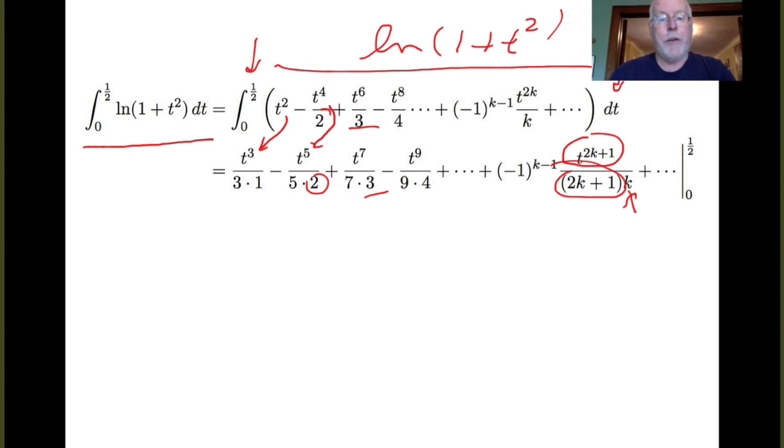Now, a couple things to notice. Notice that I've left this denominator here as 5 times 2, and this one as 7 times 3, 9 times 4. I could have replaced these by numbers, 10, 21, 36. But when you work with series, it's probably a good idea not to be in too big a hurry to simplify things and multiply things out. When you do that, you lose patterns. So I'm going to leave these things in factored form like this, and that kind of goes along with the 2k plus 1 times k term here.